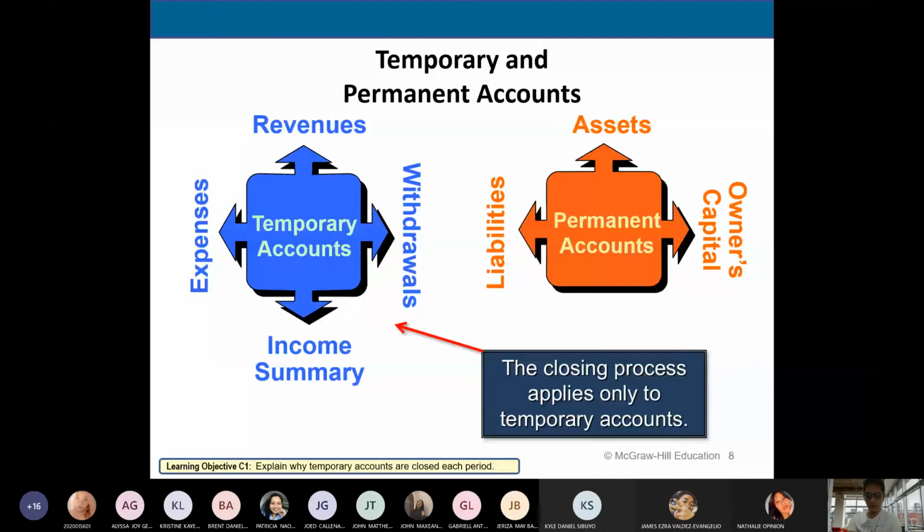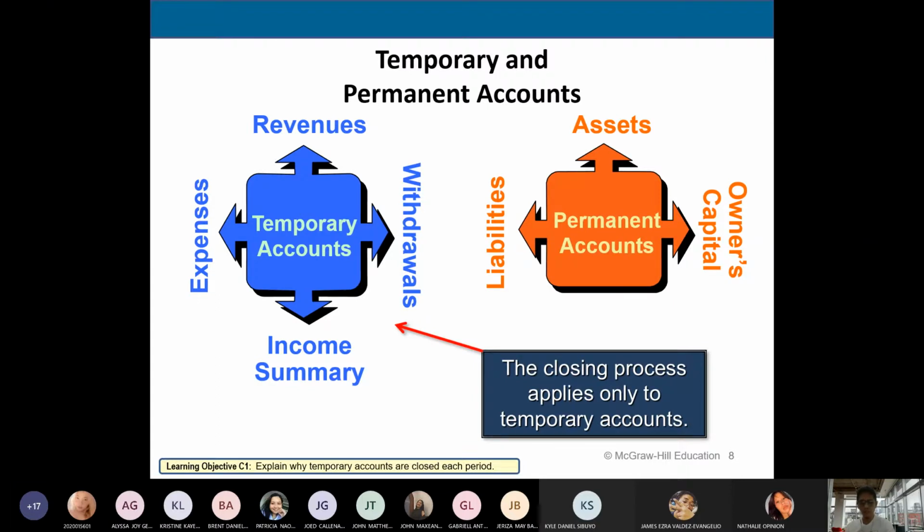So, what are the steps in closing process? So, identify accounts for closing. Naituro ko na sa inyo to. Mainly, ang kino-close natin are revenues, expenses, okay, and withdrawals. Although merong iba't ibang accounts kung saan kino-close tong mga items na to, eventually, itong lahat ng items na to is mako-close sa owner's capital.